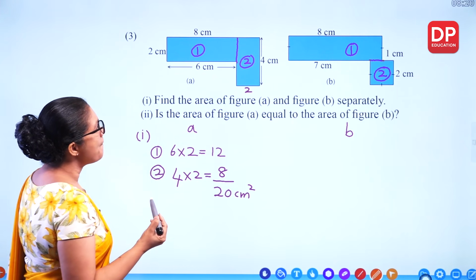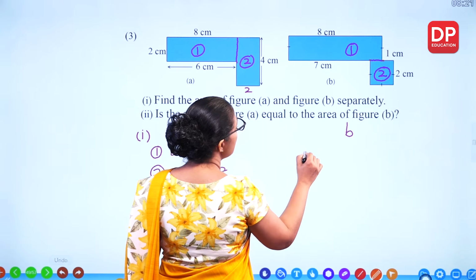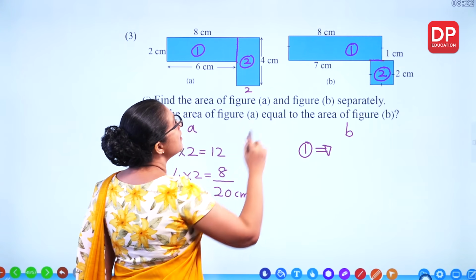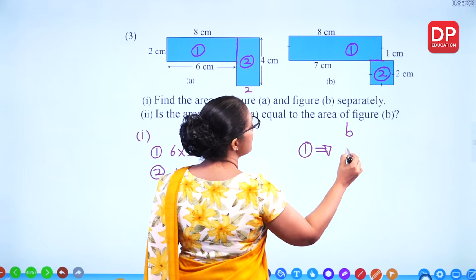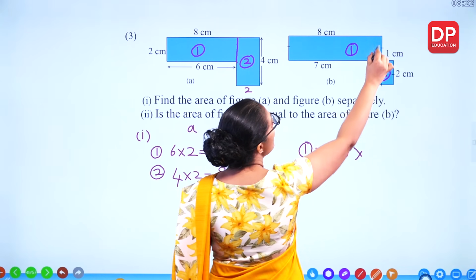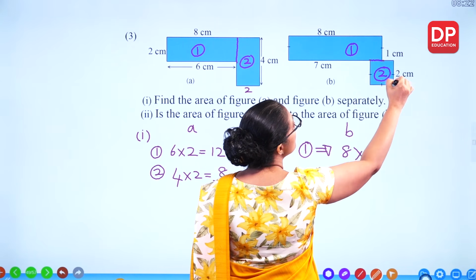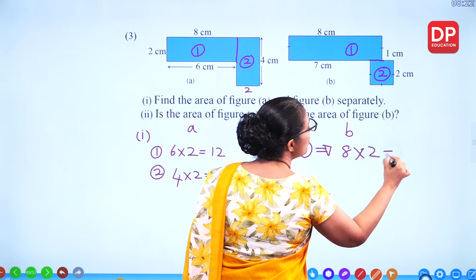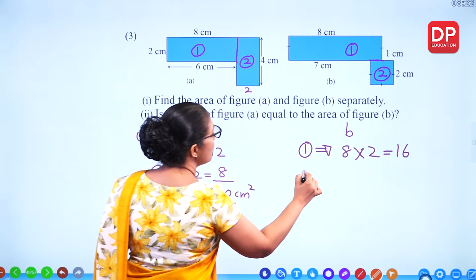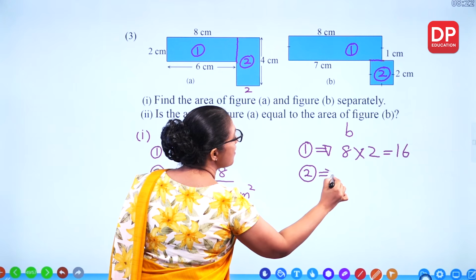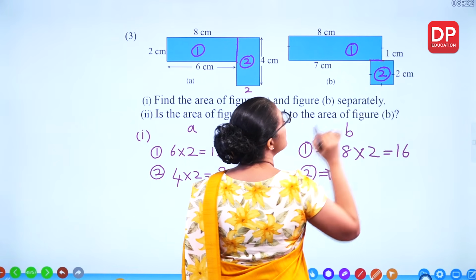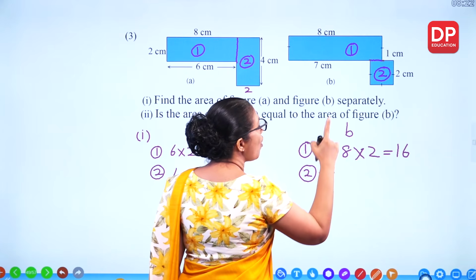So when you take B, the area of the first part, 8 is the length. And what is this side? It says this length is equal to this length. So that's 2. 8 times 2, 16. What's the second area? This one. That's 2 centimeters, the side of a square.